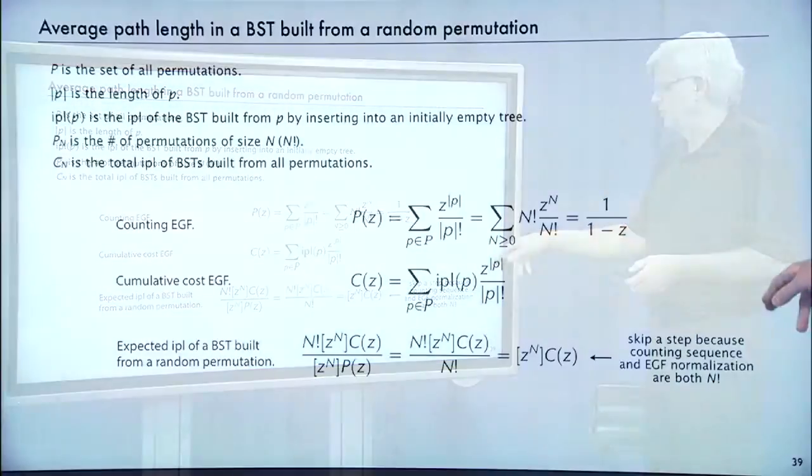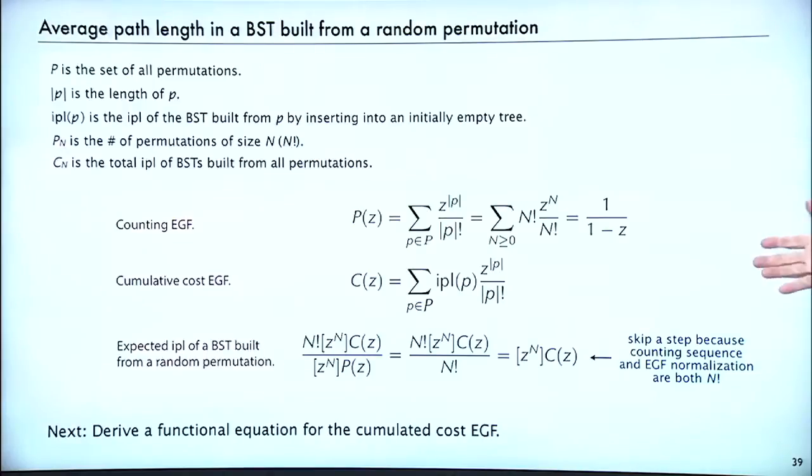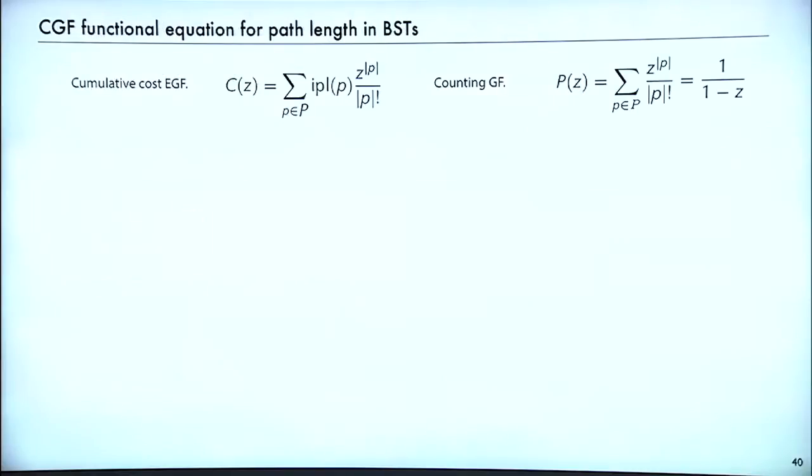So next we have to look at developing a generating function equation for that C of z using the recursive definition of the binary tree structure according to the way that we construct trees. So same basic steps as before, it's just that we're going to come up with a different equation because we have a different structure.